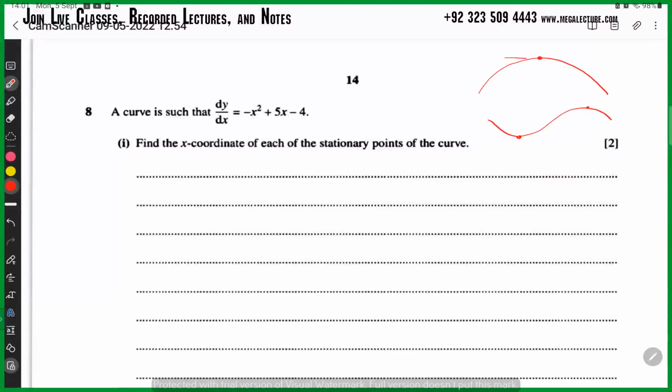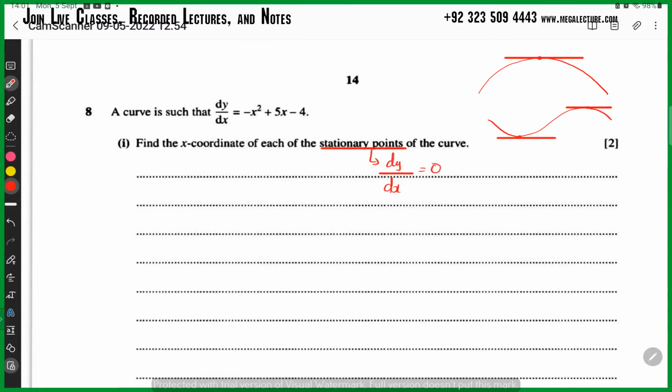Miss, the line is completely horizontal. Very well done. Excellent. So if I make a line at these 2 points, that is basically going to be a horizontal line. And we know that horizontal lines have no slope, zero slope. So the concept is that stationary points basically have the derivative dy by dx equals 0.